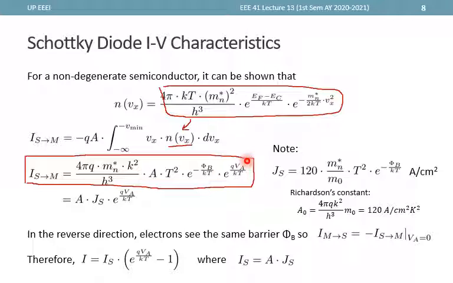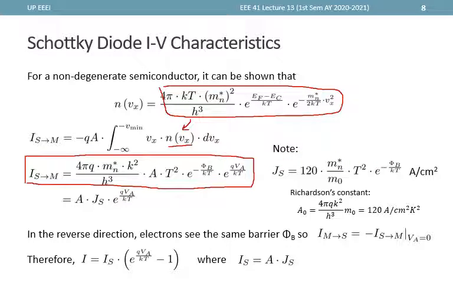Now, to make the equations a bit simpler, we'll just isolate this term right here and say that that must be the reverse saturation current density Js. Now that Js is equal to this one.